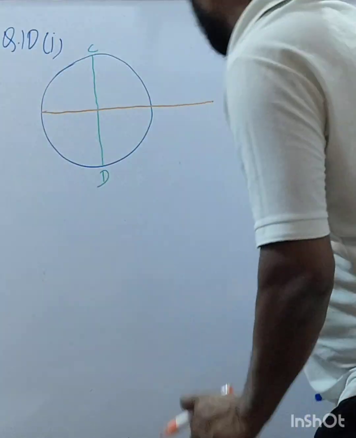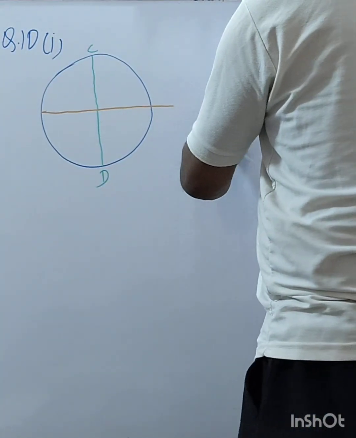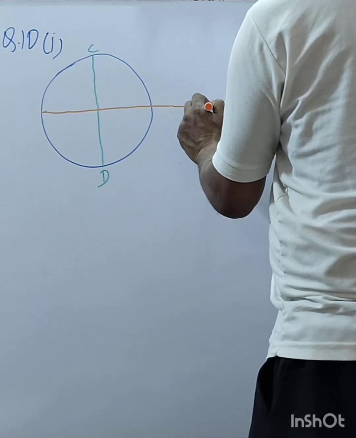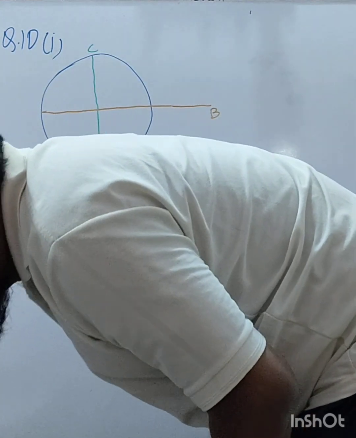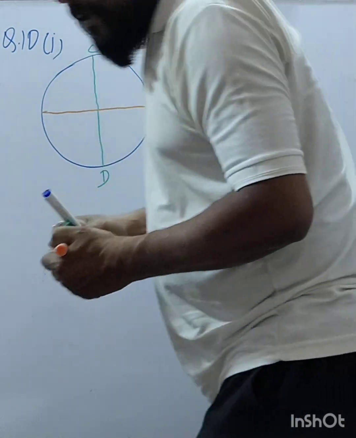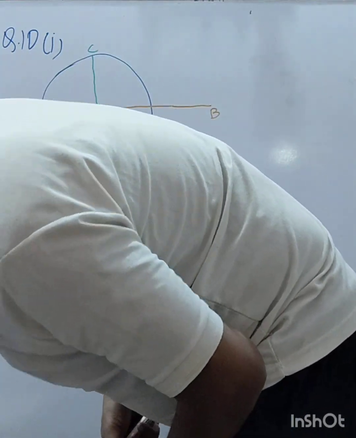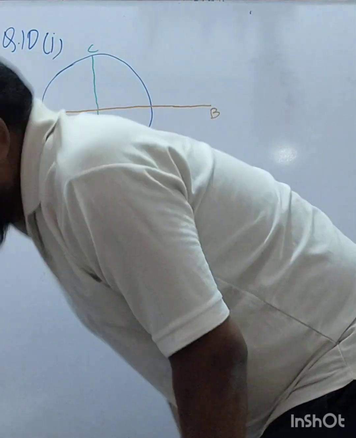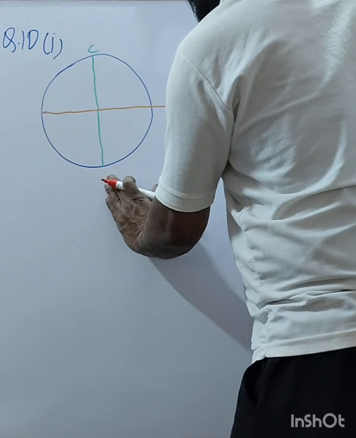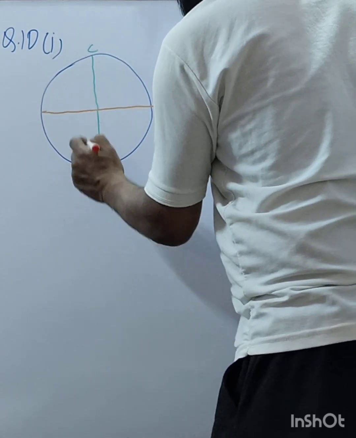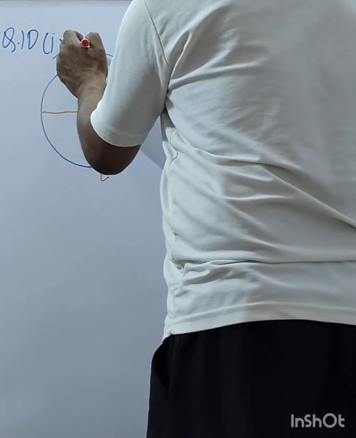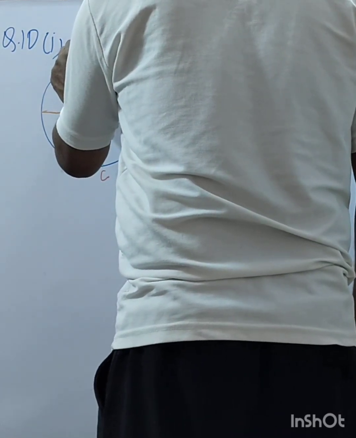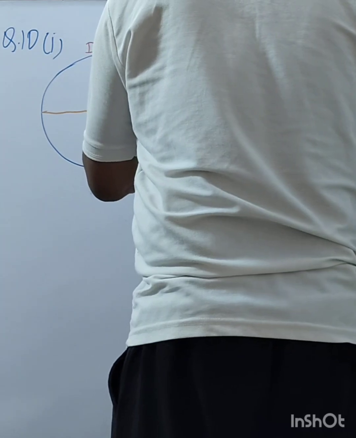This is B. Now there is a line from D to B. We will take this C and this D. Now we pass a line from here like this.